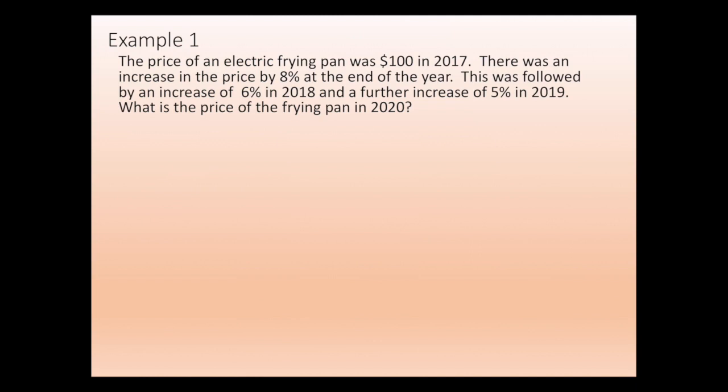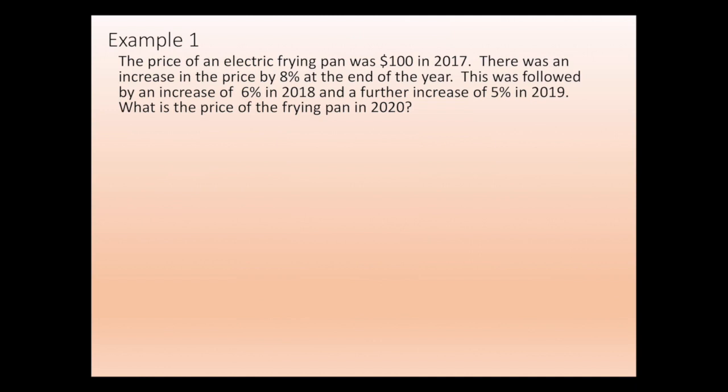So let's have a look at an example. This example illustrates repeated increase, which could be in terms of inflation or some other reason, such as the rent of the shop being increased. Let's start off with the price of an electric frying pan, $100 in 2017.